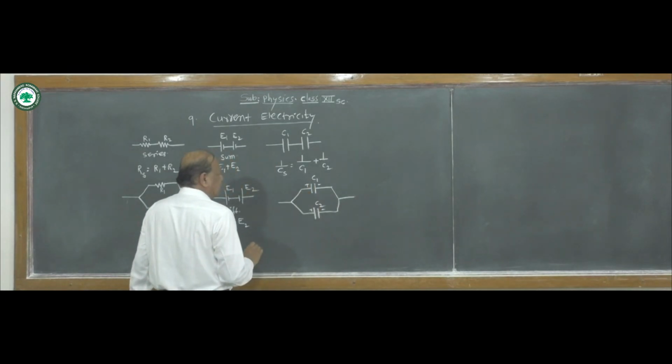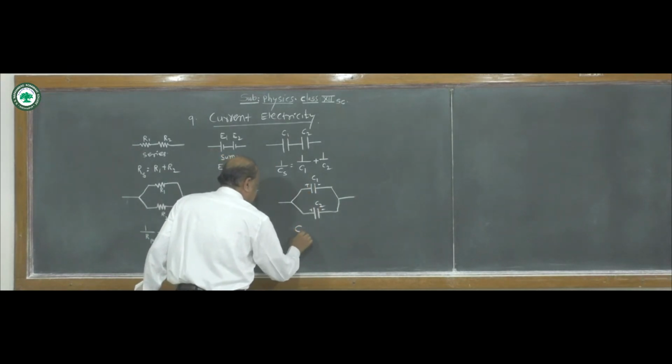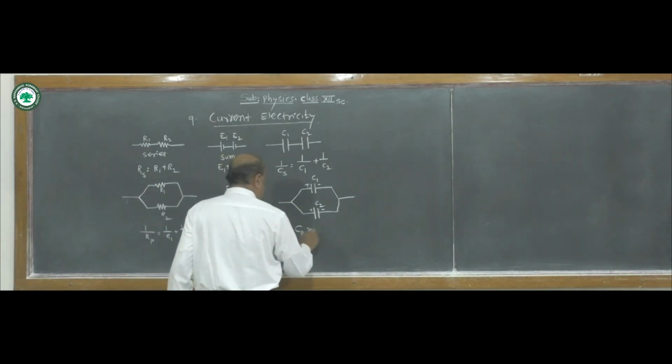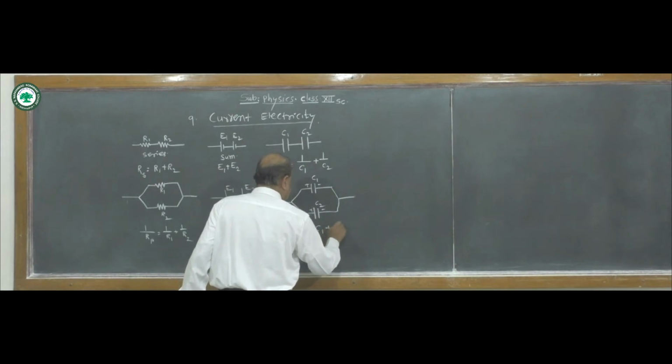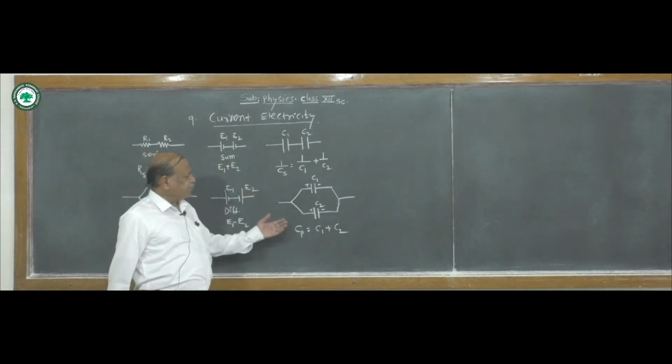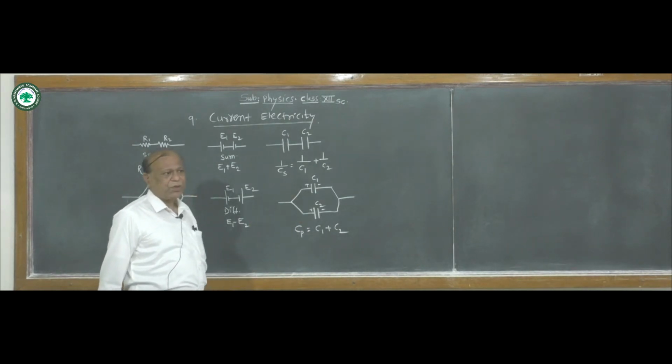This combination is a parallel combination, and the effective capacity for this combination is C1 plus C2, which means the effective capacity increases here.